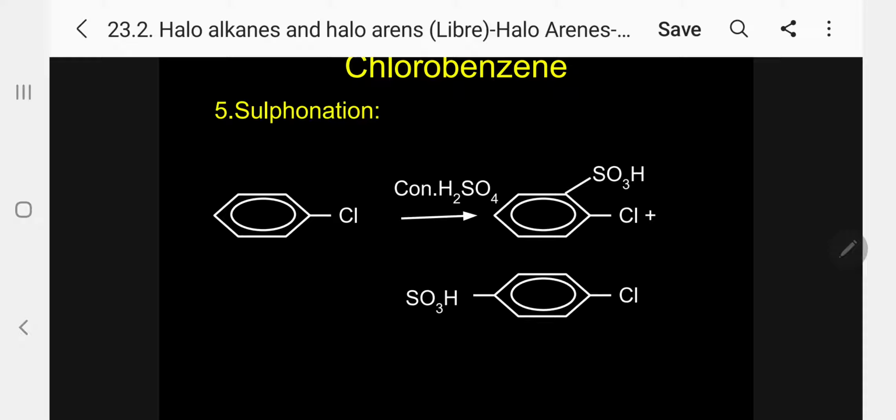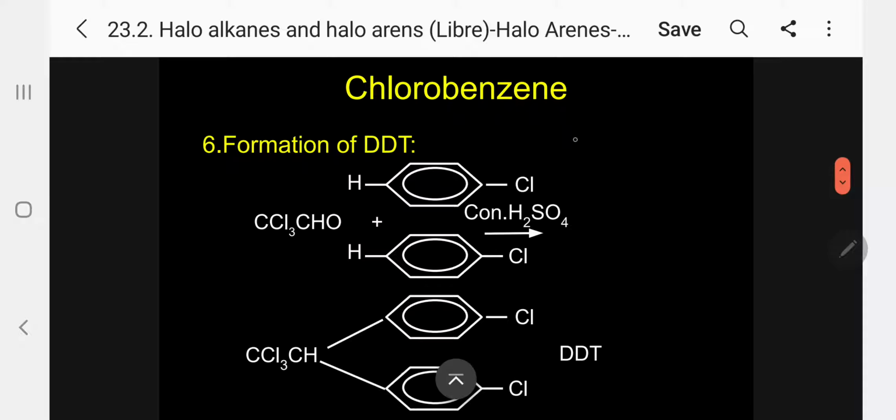This question can be asked: one among the following is a neutral electrophile. So SO3 is a neutral electrophile. As usual, it attacks the benzene ring to give SO3H and also at the para position SO3H. This is orthochlorobenzene sulfonic acid, parachlorobenzene sulfonic acid. Kindly follow.